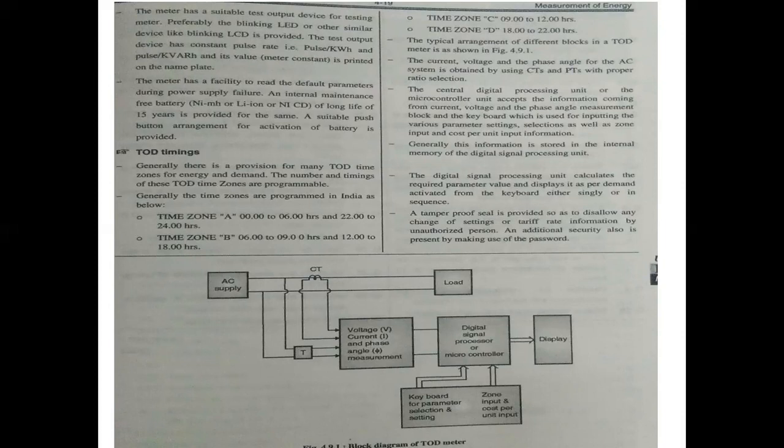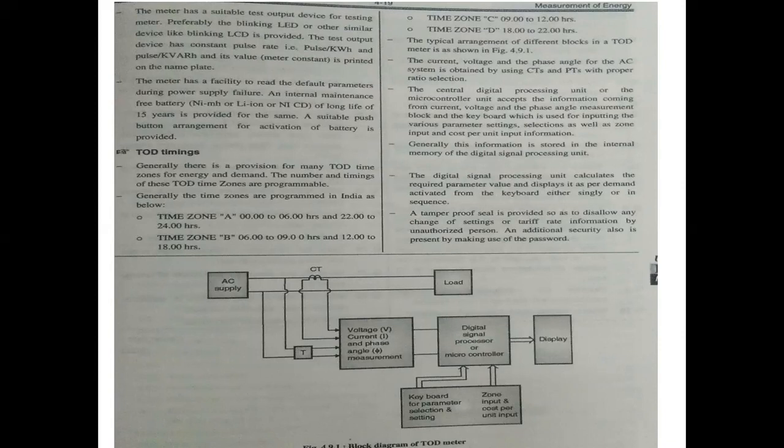In the TOD meter, the LED or LCD used for blinking measures the energy consumption according to the pulses per kilowatt hour. This is your meter constant. For kVArh, if reactive power is present, then the unit rate should also be different. According to that, the energy bill will be generated.